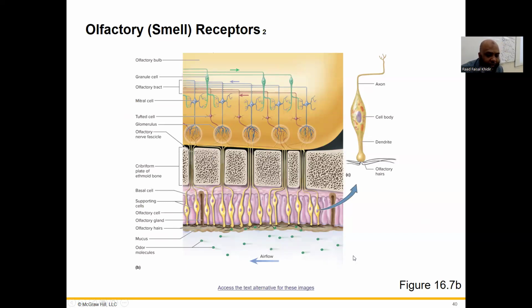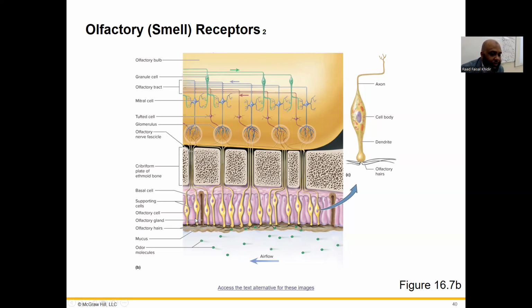If the air is flowing inside your nose, there is a patch of mucosa, and this mucosa is made up of olfactory hairs. These hairs are going to be detecting and trapping. Mucosa is like glue. They're going to be trapping and detecting this odor, and then passing it to olfactory hairs.